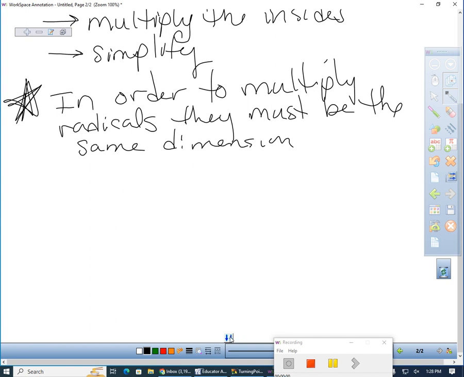All right, so we're going to jump right in with example number 1. And this will be your 10 through 18 to start. And it just says multiply.